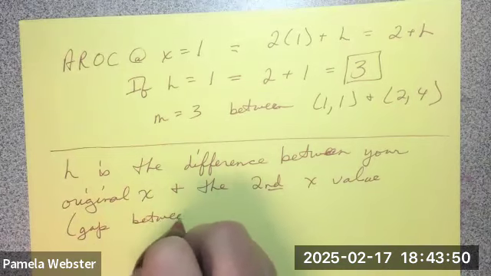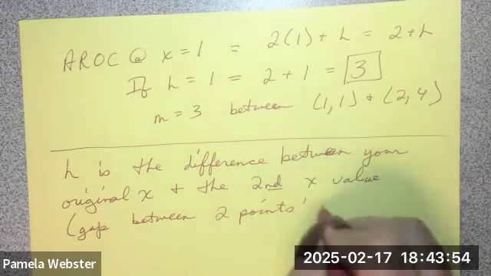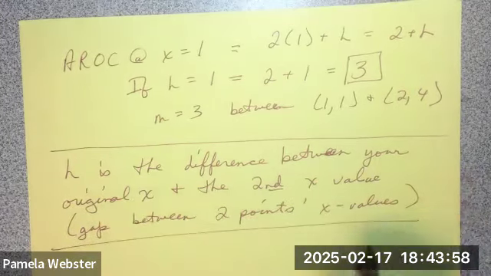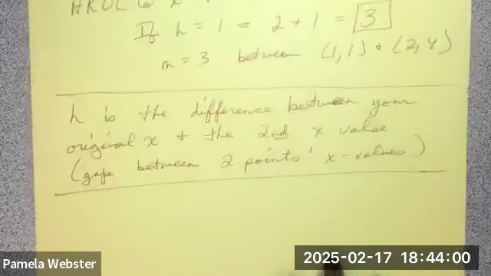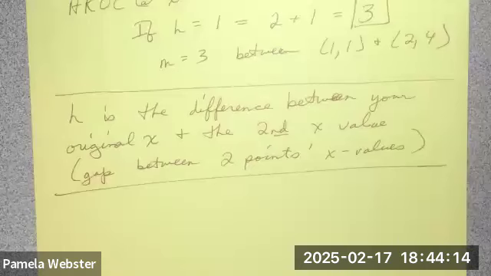That's how I think of it. That's what the h is. So we're going to play with that a little bit, because right now we're totally dealing with an average rate of change, but in a little bit we're going to talk about an instant rate of change.